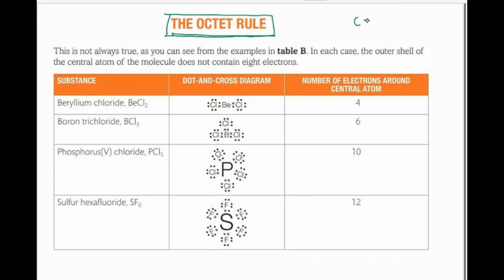If we are talking about carbon dioxide, carbon has how many electrons? 4 of its own, and it's taking 2 from this oxygen and 2 from this oxygen. So carbon's octet is complete. In the same way, the oxygen has 6 of its own, taking 2 from carbon, so its octet is complete.